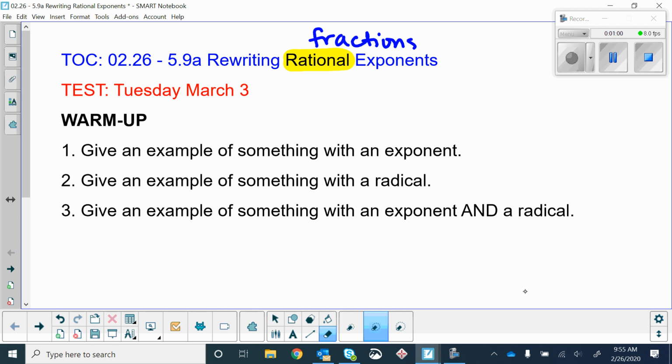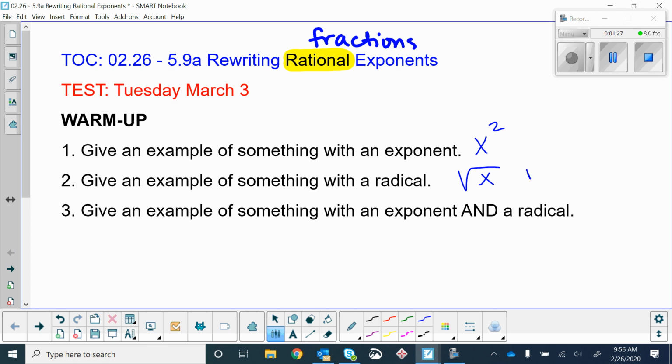Okay. First world problem. So give me an example of something with an exponent. X squared, absolutely. Give me an example of something with a radical. Square root of x, absolutely. One thing I want to say about a square root, there's no number written in the root section, right?